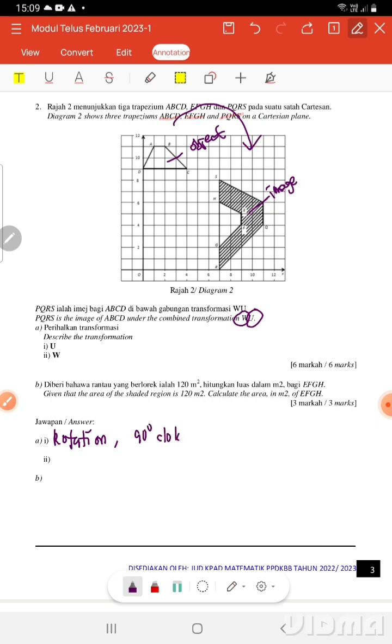Then we want to find the center. Let's take 1 point. Let me take point C. Point C will go to point G.